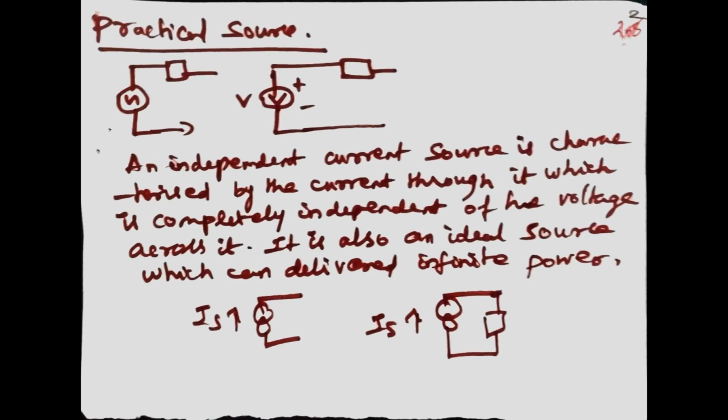An independent current source is characterized by the current through it, which is completely independent of the voltage across it. It is also an ideal source which can deliver infinite power. The I_S notation is shown here, that is a double circle put in the circuit.